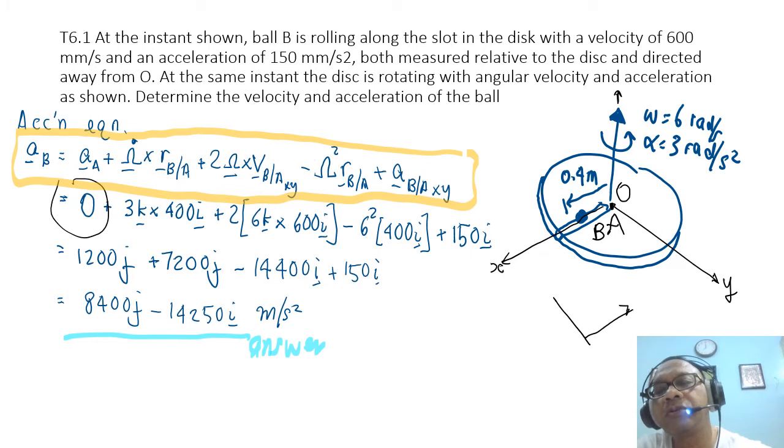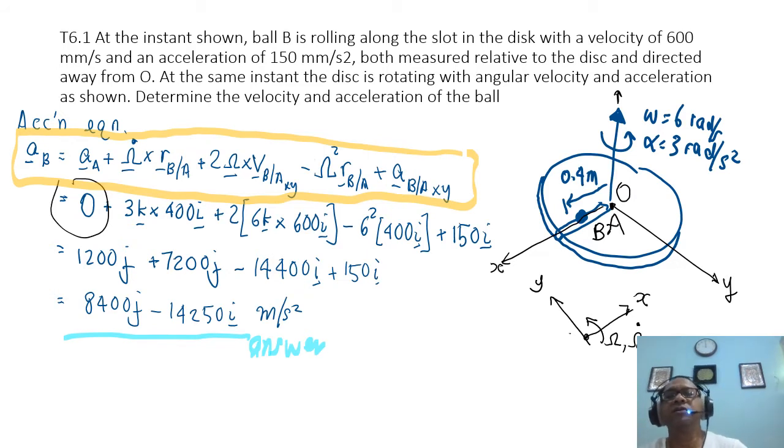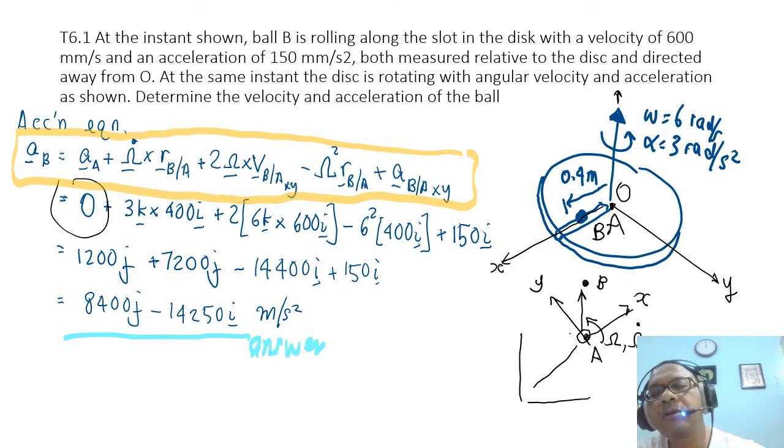Something like this is your rotating xy axis. The system rotates at a speed of omega, and there is also an angular acceleration. You have this point B here, and point A is the origin of your axis, and then you have the big capital XY.